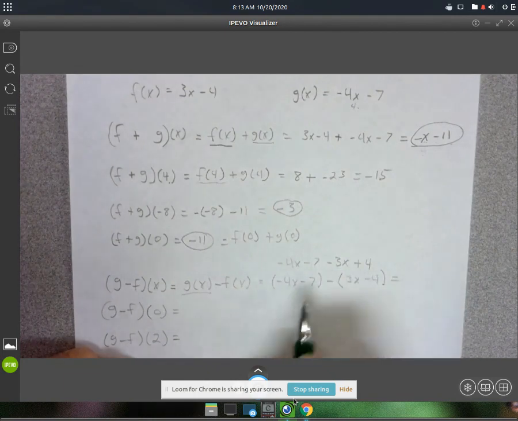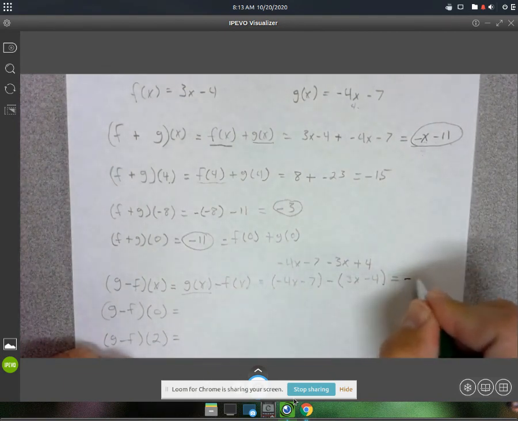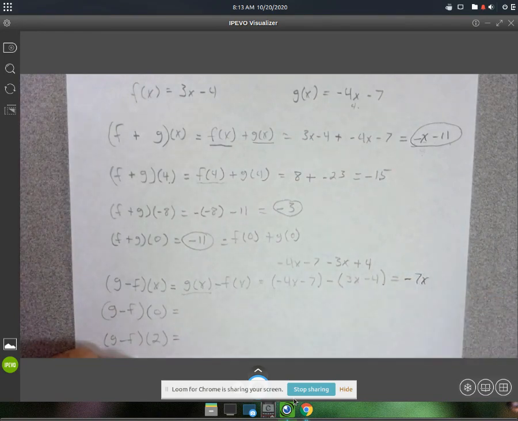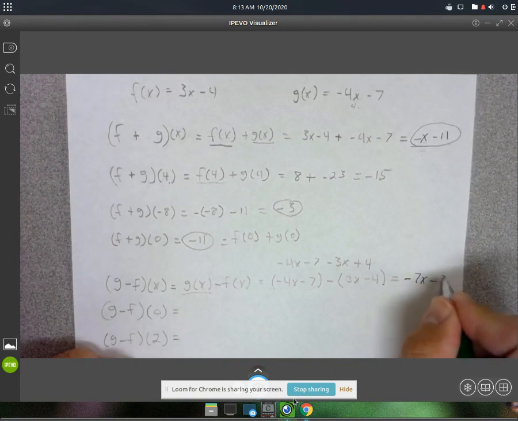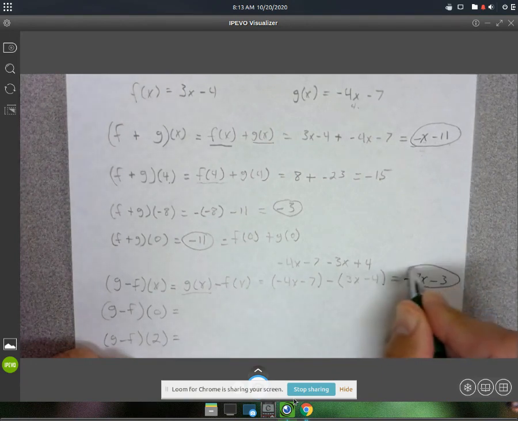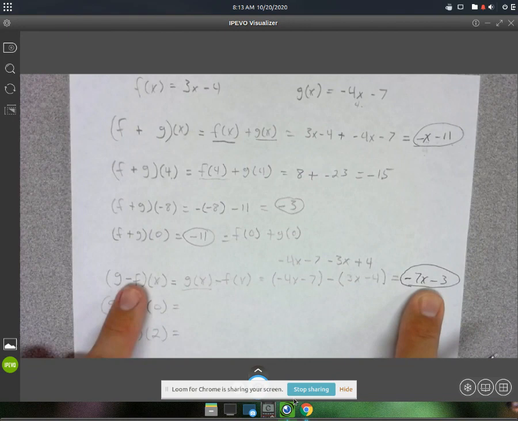Now I'm just going to combine terms. -4x and -3x make -7x. -7 plus 4 is -3. So this is my g minus f function.